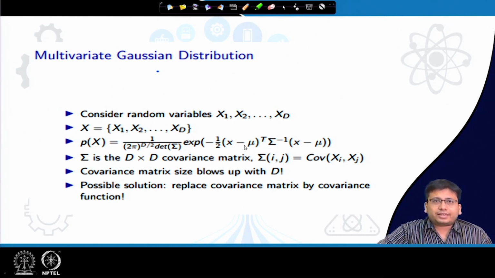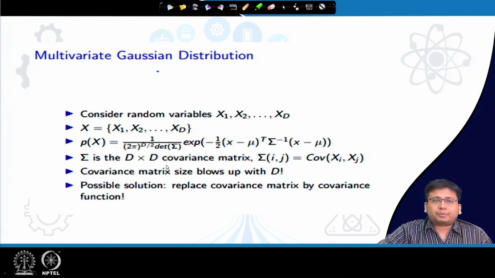In this case, just like the standard normal distribution has its parameters mu and sigma, this one also has mu and sigma, but the difference is that here the mean mu is not a real number, but a d dimensional vector, same dimension as the input x. And instead of having a sigma as a variance, we have a full d cross d matrix, which we call the covariance matrix.